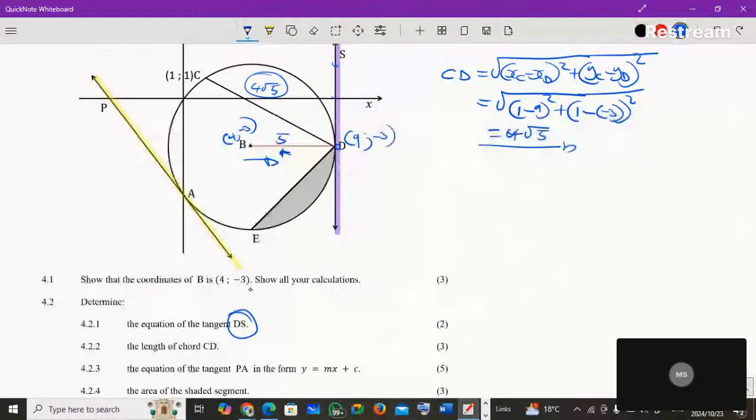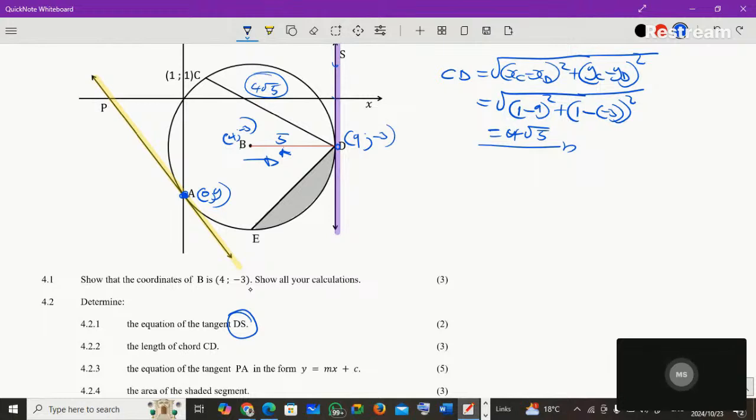We know that it touches at A, and if it's touching at A, we know that A is the y intercept of this circle. At A we know that x is 0, so what we need is y.